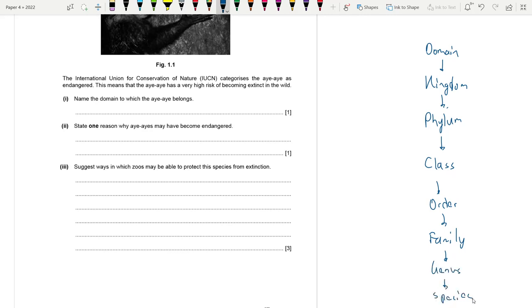This is all we need to know. We just need to know the order. That's all. So we need to know about three domains. There are three domains: eukarya, bacteria, and archaea. Eukarya are eukaryotes, and archaea and bacteria are prokaryotes.